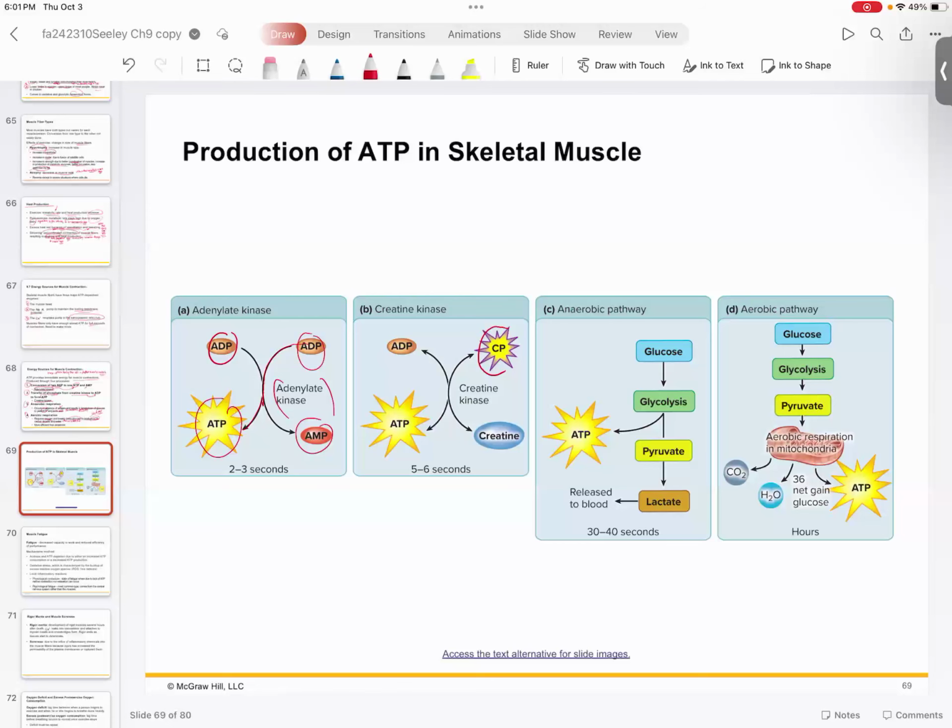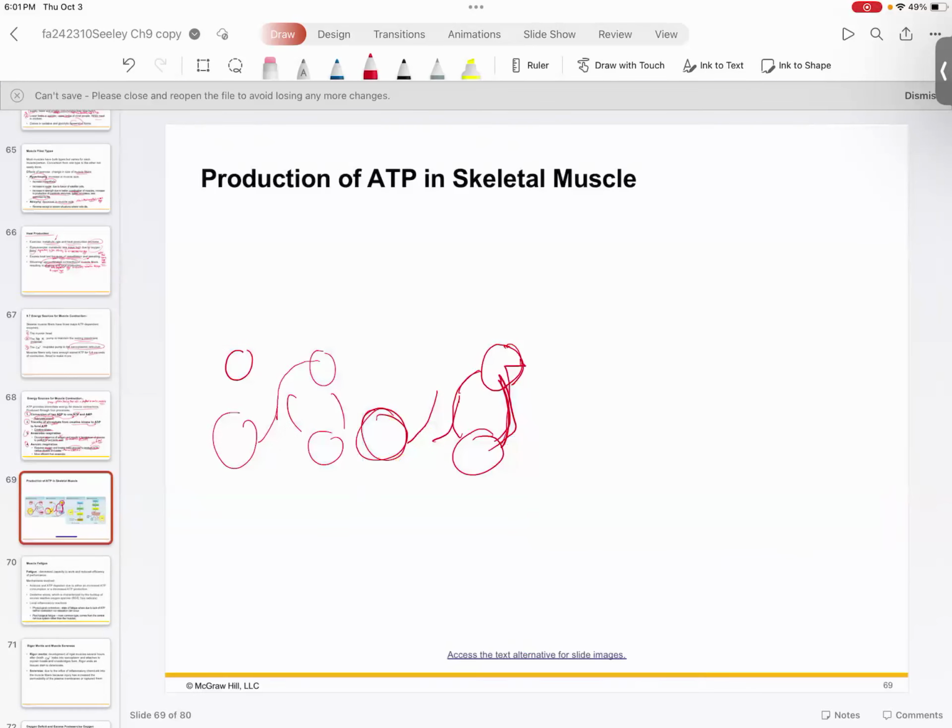It'll use the phosphate from this and smash it onto an ADP, and that'll turn it into an ATP. What you have left over is a creatine. And then typically you have another metabolic pathway that will recharge this creatine back into creatine phosphate.